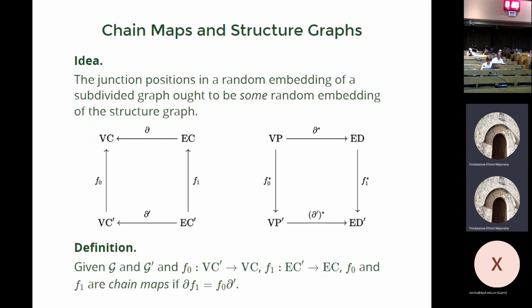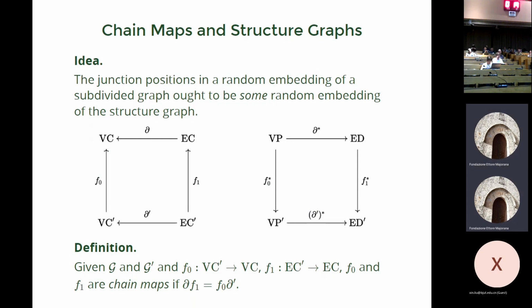And the point is, if I have G prime and G, and I have a map from VC prime to VC and EC prime to EC, so two maps, they should be chain maps, meaning that whether I first pick where to put the edges and then compute boundaries to see vertices, or whether I first compute boundaries and then stick in the edges, it shouldn't matter which way I go around this diagram, I get the same thing.